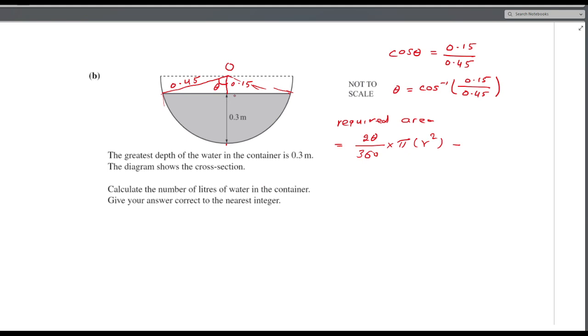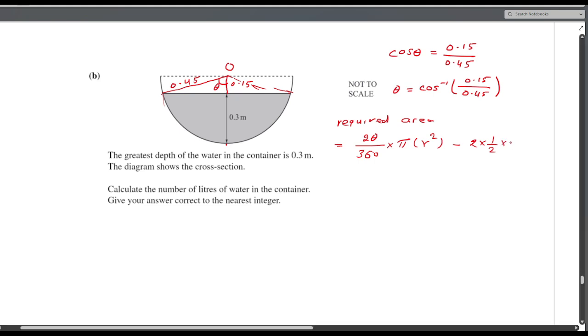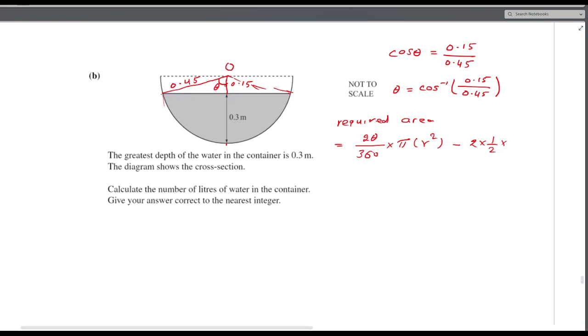So for area of triangle it should be half into base into height, so it should be 2 times, because two triangles, 2 times half into base. Now this base, if you know this angle theta, then base is 0.45 cos theta.